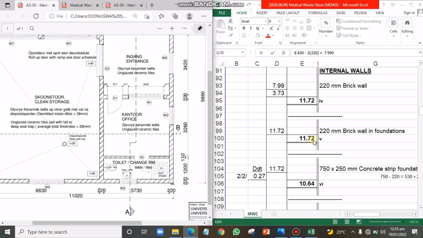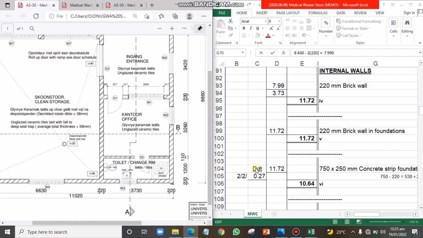But for concrete work, we are going to deduct the spread here and the spread here. So we are going to deduct another spread at this point and another spread at this point, making it two spread along this longer wall and two spread along the shorter wall.